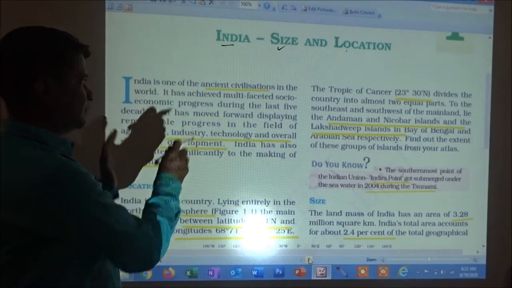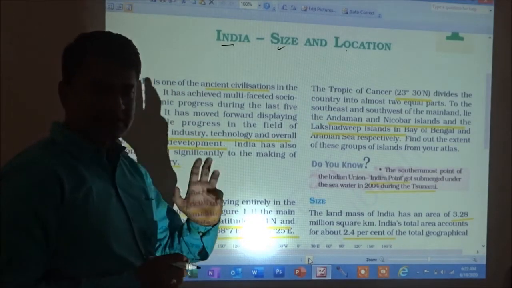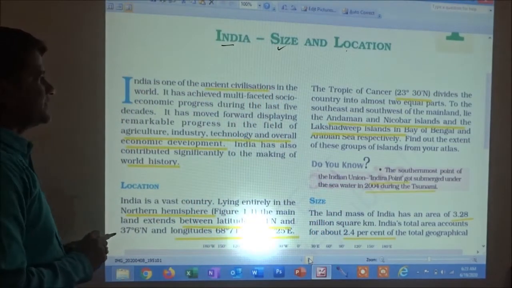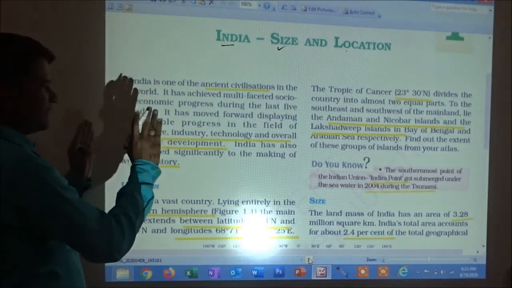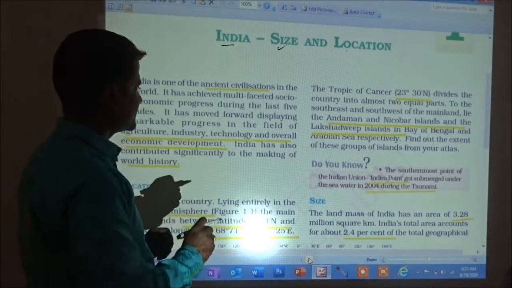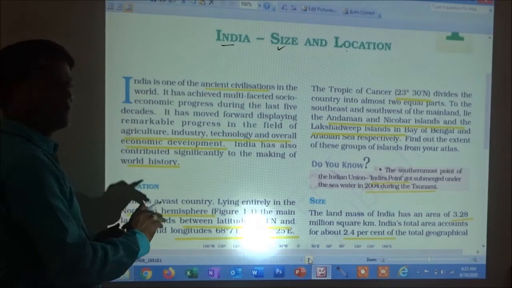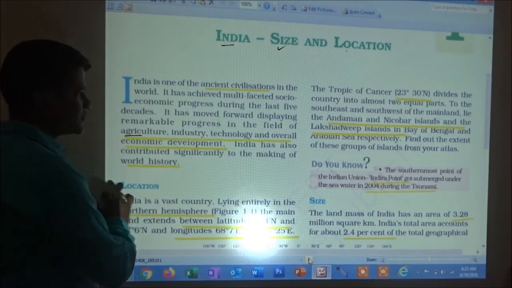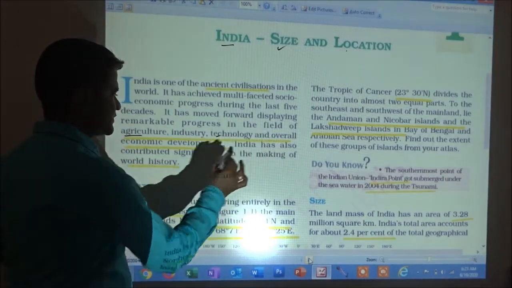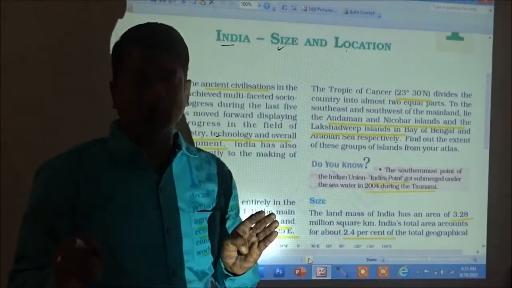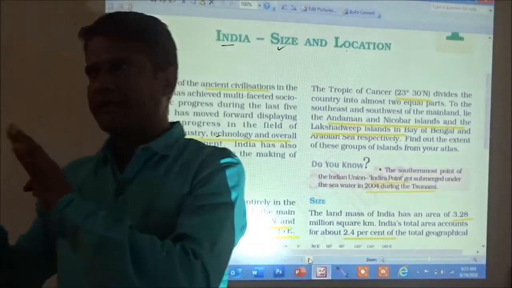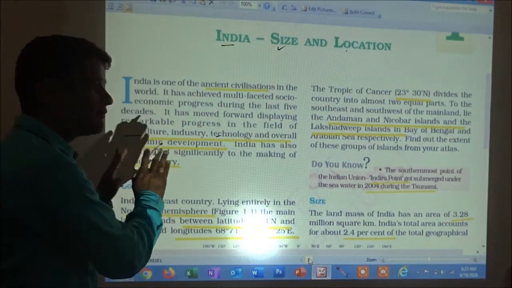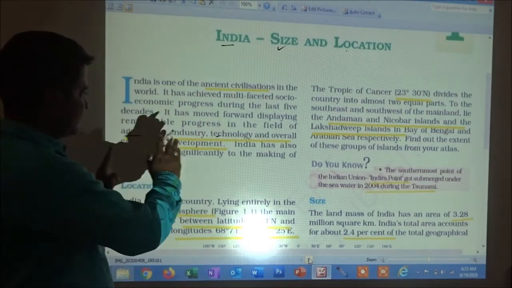But if we look at India's progress in the last 5 to 6 decades, from 1947, we will find that India has not only progressed in industries but also in all fields like agriculture, technology, and space. And if we look at overall development in economic terms, India has also shown marvelous development in the field of economics.